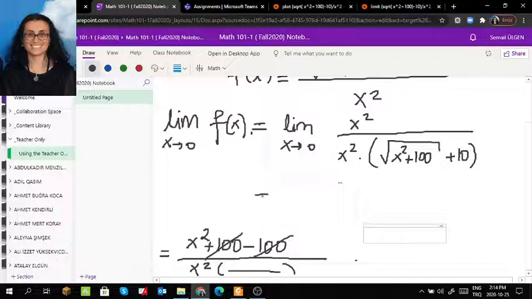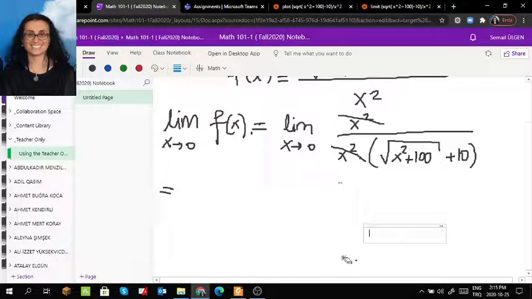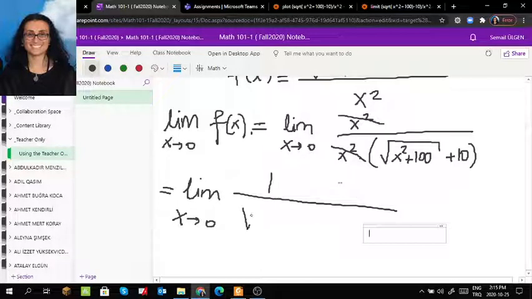Now, these x squareds are going to cancel. So this is going to be the limit as x approaches 0 of 1 over the square root of x squared plus 100, plus 10.